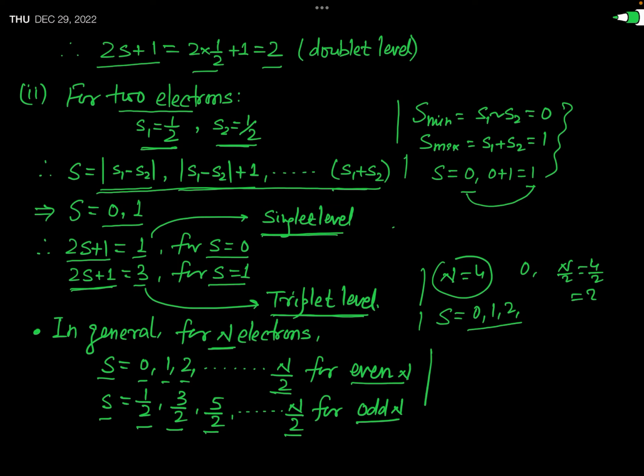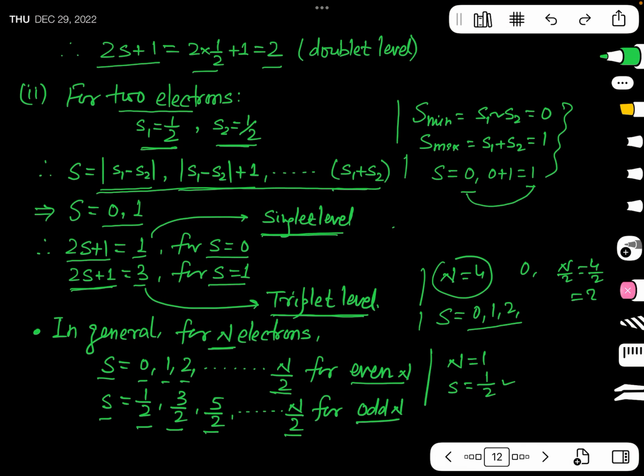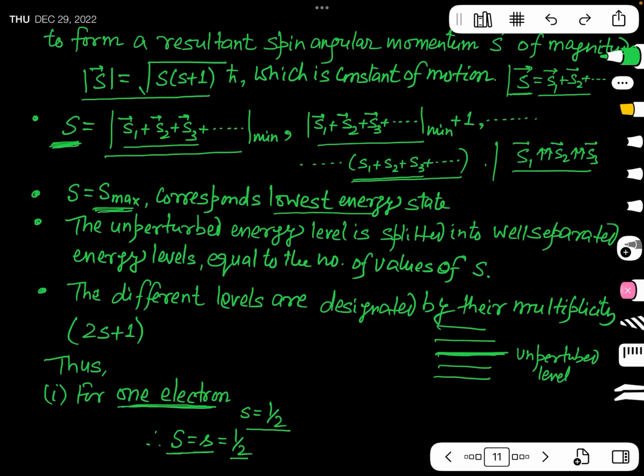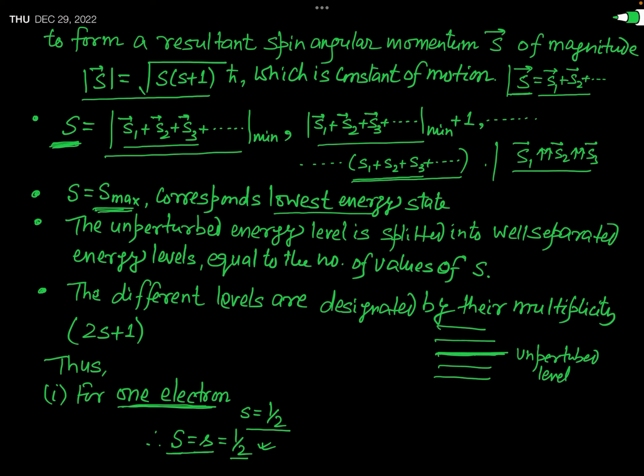For example, if you consider that n is equal to 1, then S will be equal to what? The first value will be 1 by 2, and since n is 1, S will have only one value, and this is equal to 1 by 2. As you can see, I have already found this value here. For one electron, S is equal to 1 by 2.